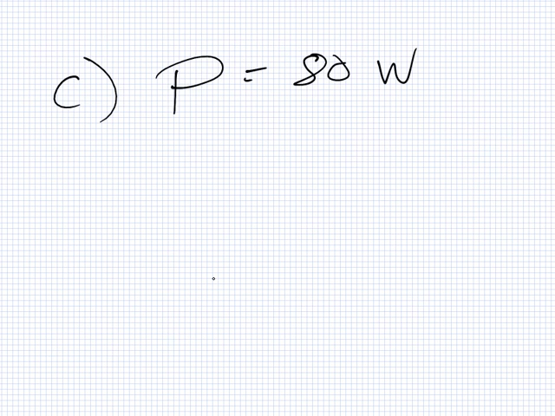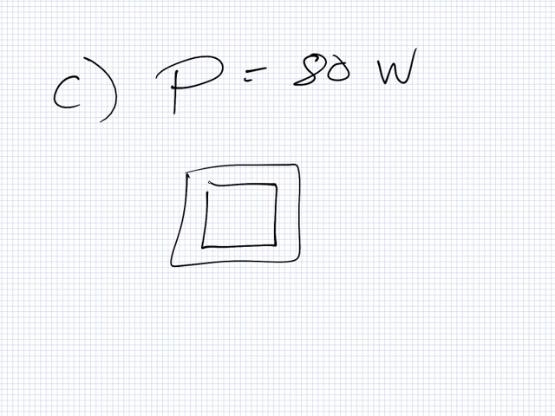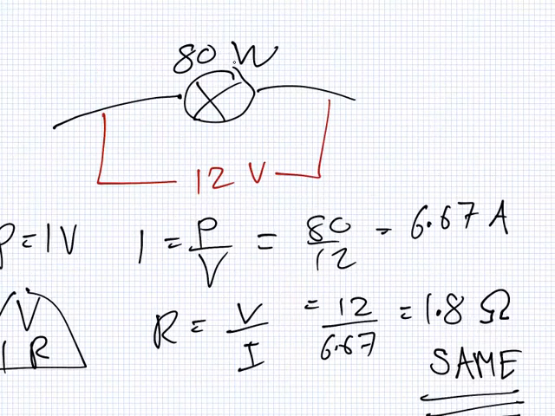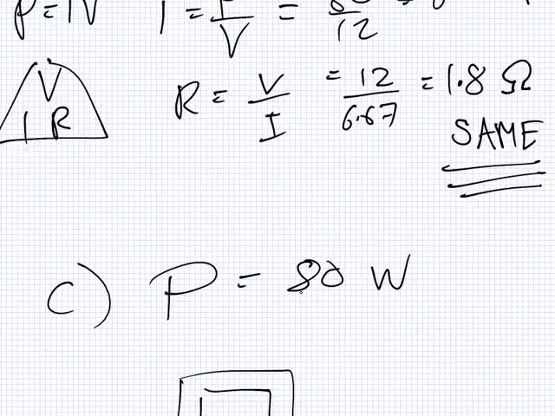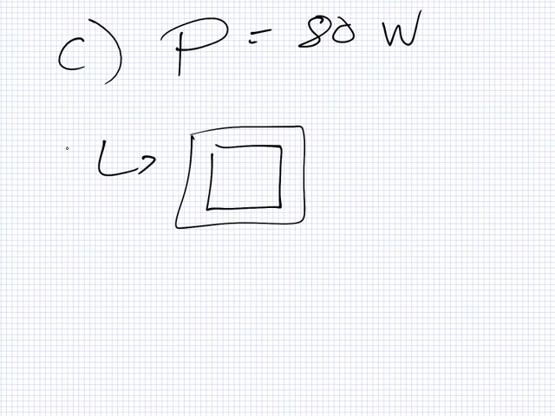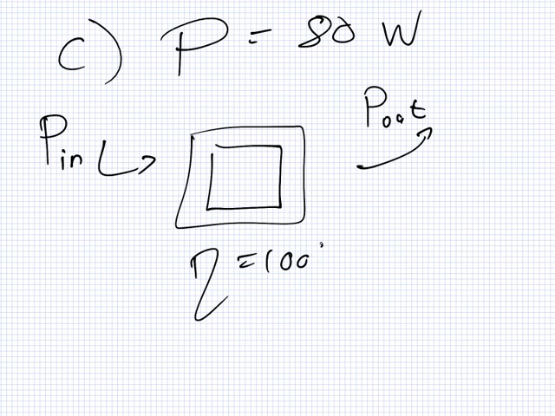In your transformer, because it's 4 light bulbs, 20, 40, 60, 80. This is what comes out. So the power that goes in to the transformer must equal the power that comes out if it's 100% efficient. So if there's 80 watts coming out, there must be 80 watts going in. You're right. You can assume it's 100% efficient unless the question says it's not.